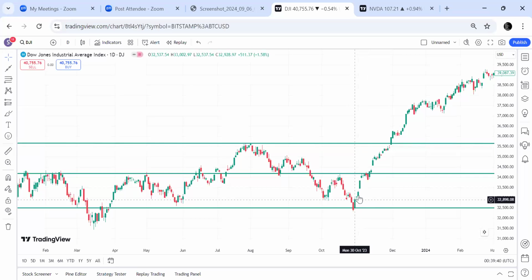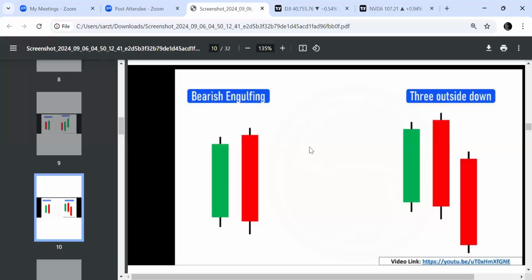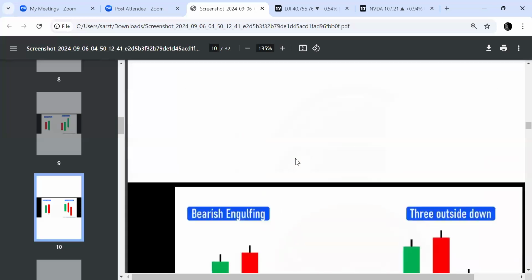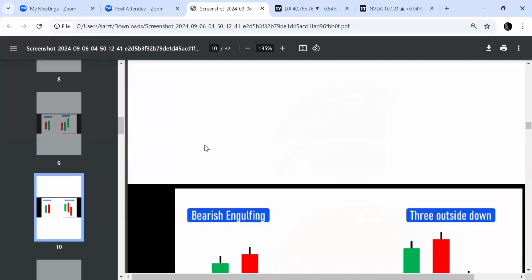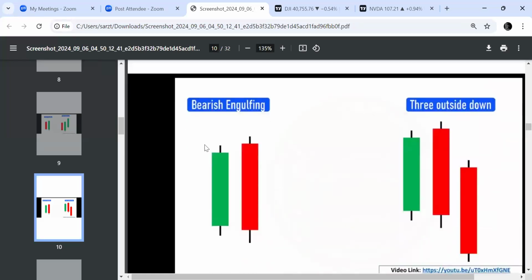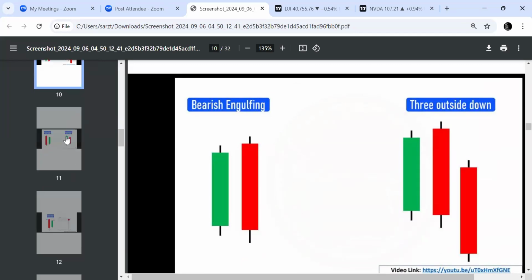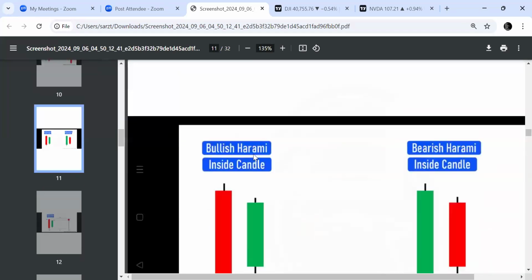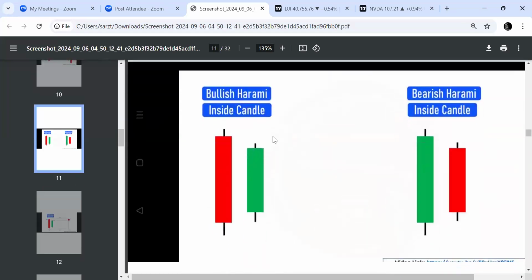So it indicates the confirmation, and we can call it three outside up. So the concept is, if the confirmation happens to a bullish engulfing, we call it three outside up, and if the confirmation happens to a bearish engulfing, we call it three outside down. And now we have the bullish harami candle and the bearish harami candle.